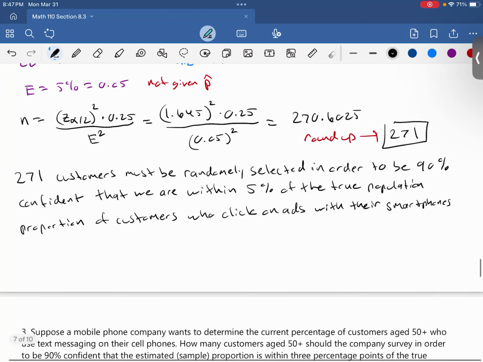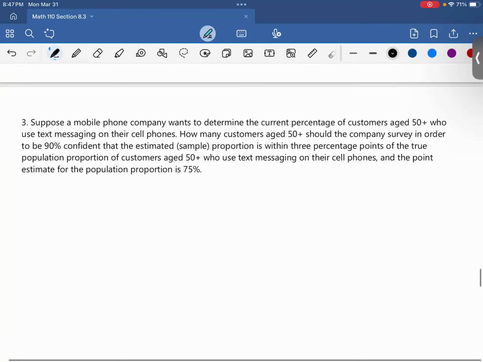Let's go ahead and look at the last question here. Suppose a mobile phone company wants to determine the current percentage of customers age 50 up who use text messaging on their cell phones. How many customers age 50 up should the company survey in order to be 90% confident that the estimated sample proportion is within 3 percentage points of the true population proportion of customers age 50 and up who use text messaging on their cell phones, and the point estimate for the population proportion is 75%.